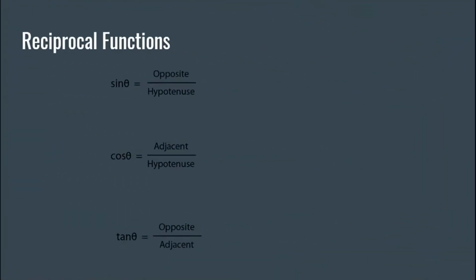Now we'll talk about the reciprocal functions. Each of these 3 trig functions has its own reciprocal function. For sine, its reciprocal function is called cosecant, CSC, and you're basically just flipping it upside down.